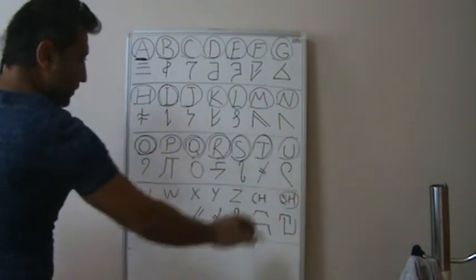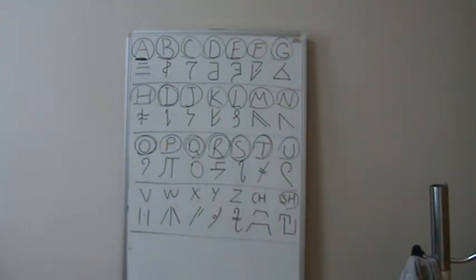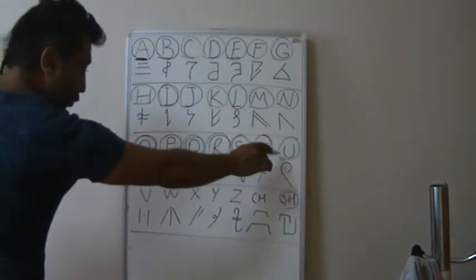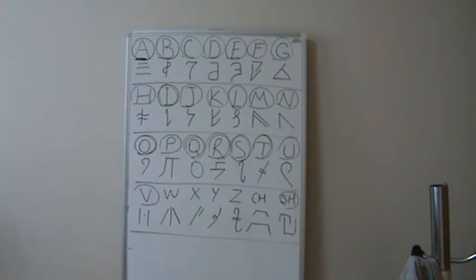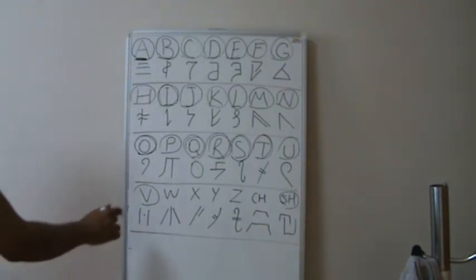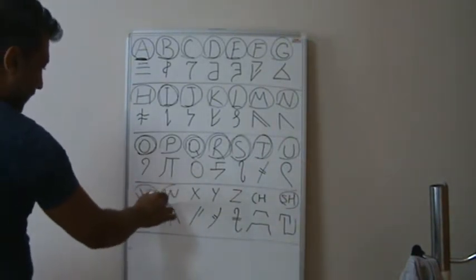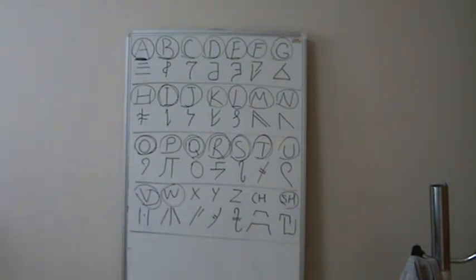And U sounds like U, like in ultimate. And the letter V sounds like V, as in victory. W sounds as in west.